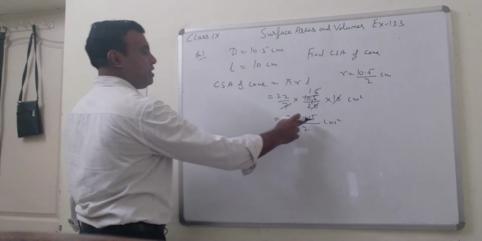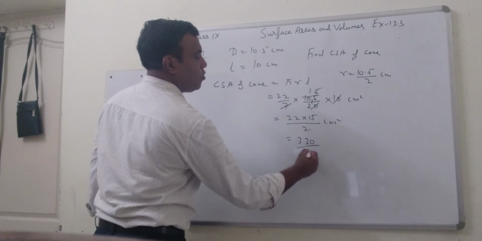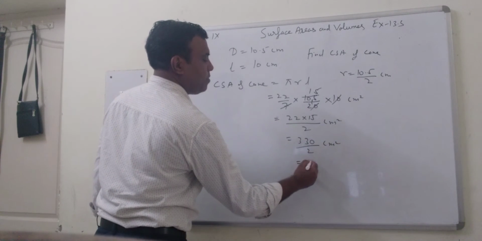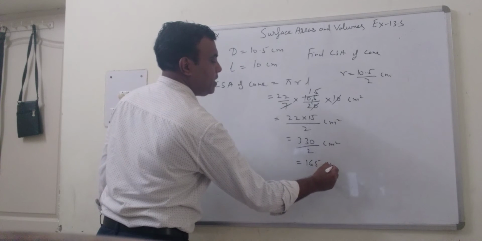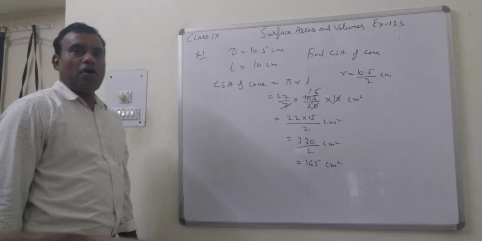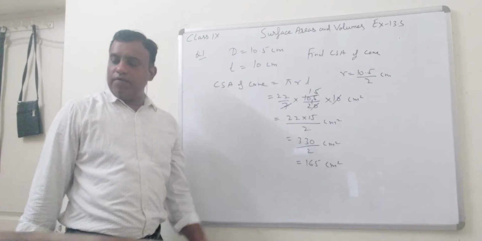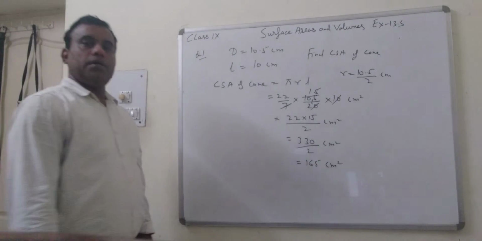Now multiply 22 by 15 to get 330 upon 2 centimeter square. It becomes 165 centimeter square. So this is the curved surface area of the cone.